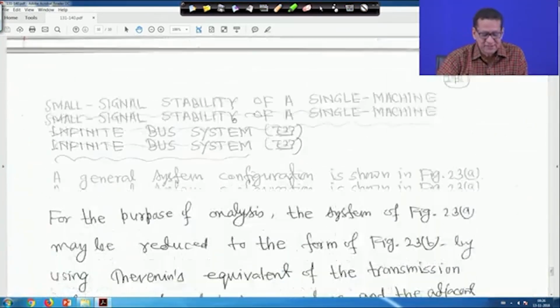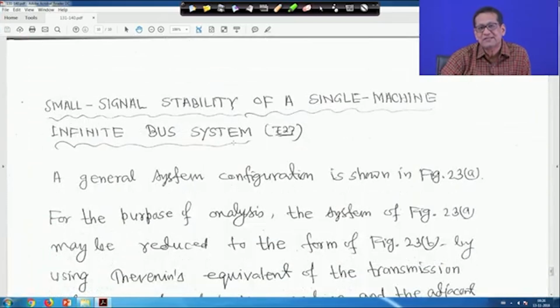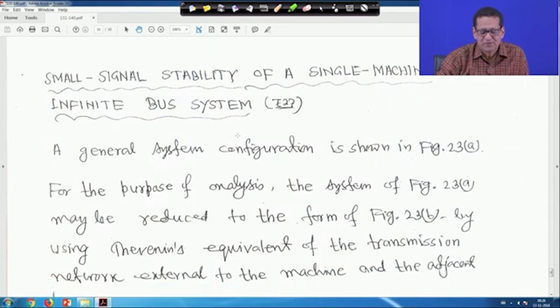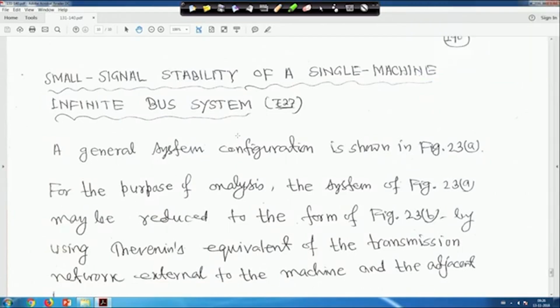So, now we will slowly enter the dynamic stability, that is, small signal stability of a single machine infinite bus system. For this course we will only study small signal stability of a single machine infinite bus system. Multi-machine stability studies are really too difficult for the classroom because of the dynamic equations and all the state variable equations, which become very complicated.